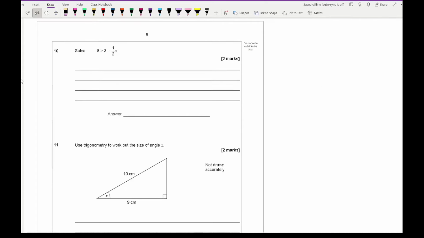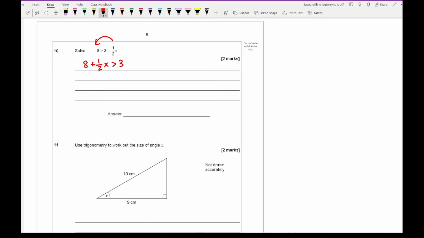So moving on to question 10. This is looking at inequalities. Now, there are several ways in which you can do this. As long as your final answer looks the same, it is entirely up to you how you do this. I always say, whenever you've got a negative x, always take it to the other side to make it positive. So here we take that negative x over to the side, and end up with 8 plus a half x is greater than 3.